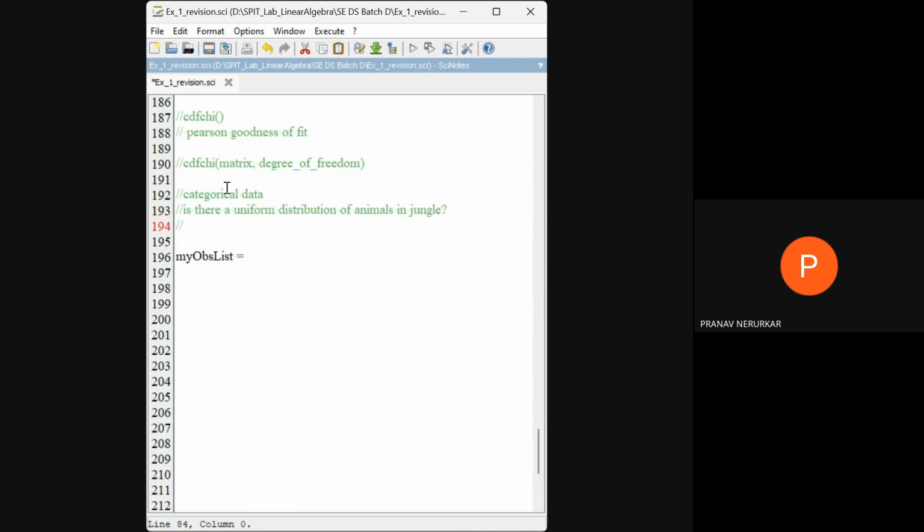That means there can be lion, there can be tiger, and there can be deer. Three animals may be there in the jungle, and are they in equal quantities or in equal numbers or not?